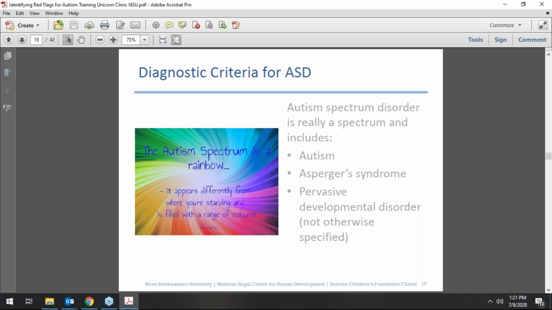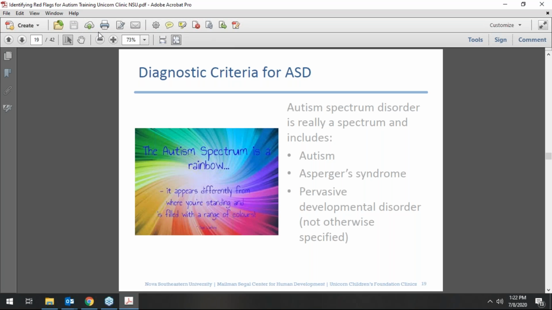We also used to have a diagnosis called pervasive developmental disorder, not otherwise specified, which really was just an umbrella to capture some of these behaviors similar to autism, related to autism, but that really didn't fit the criteria for autism. And what we've done collectively as professionals is we've broadened what it means to be on this spectrum. And when we've broadened that spectrum, the requirements for the diagnosis look very different.